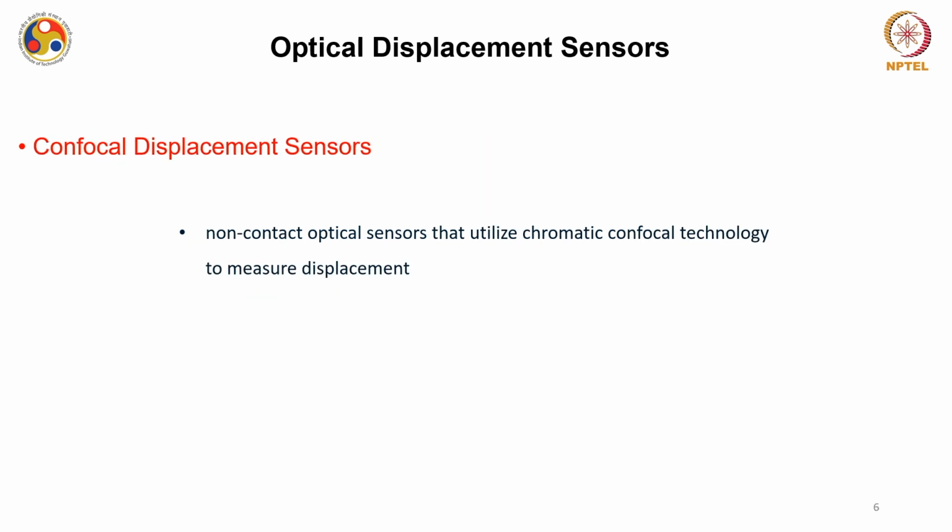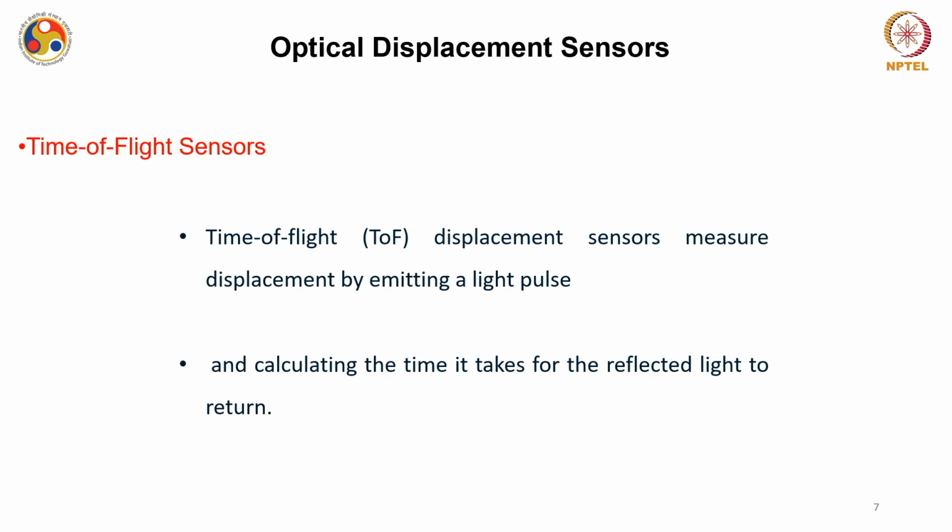Then the confocal displacement sensors are also a kind of non-contact optical sensor, and they utilize chromatic confocal technology to measure displacement. Time of flight displacement sensors measure displacement by emitting a light pulse and calculating the time it takes for the reflected light to return to its original position. That is how a time of flight optical displacement sensor works.